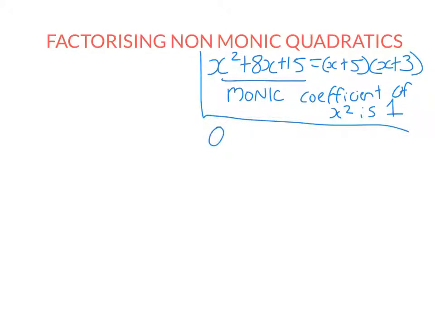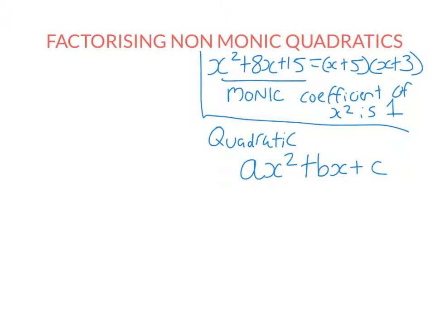So any quadratic expression can be written in the form something times x squared plus something times x plus something. Okay, so it's important. I'm going to refer to A, B, and C when I tell you how to factorize non-monic quadratics.